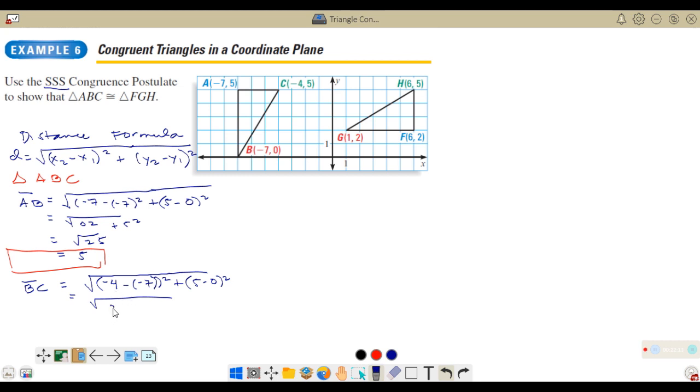Negative 4 plus 7 is 3. So, 3 squared plus 5 squared. Tama, di ba? Tama. We have 9 plus 25. We have here 34. Square root of 34. Okay.